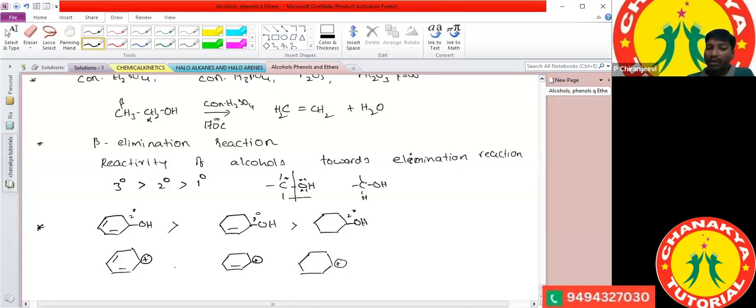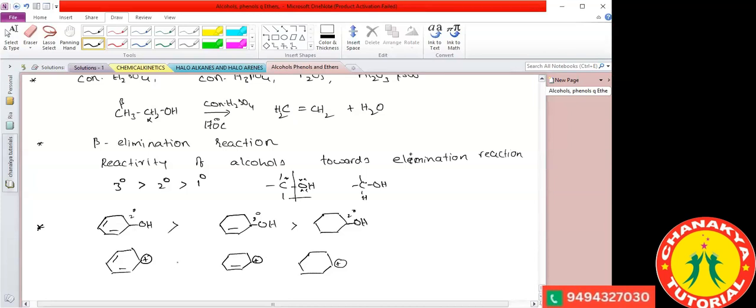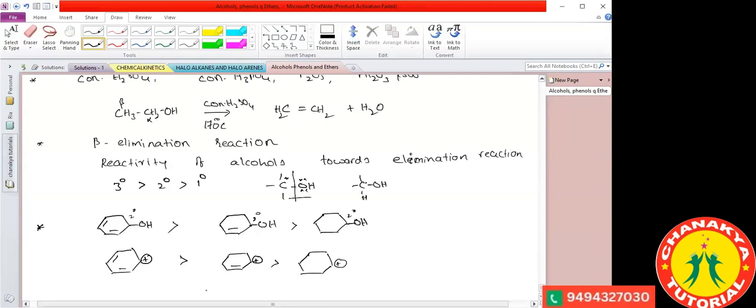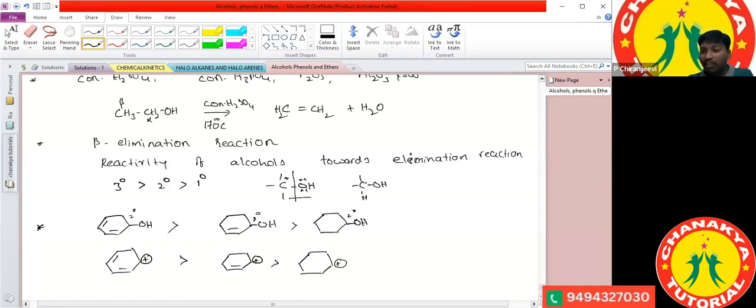If you see in this one, which one is more stable? First one. Why is the first one more stable, Samhita? Because double bonds are present, it undergoes resonance. In the resonance concept, as the number of resonance structures increases, the stability also increases.